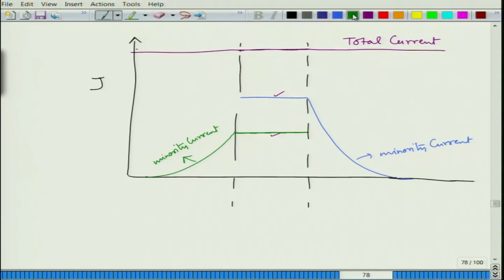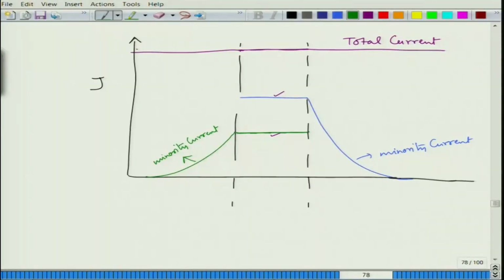So, majority current is only in the quasi neutral region. If you subtract the minority current from the total current in the quasi neutral region, you will get the majority carrier current.